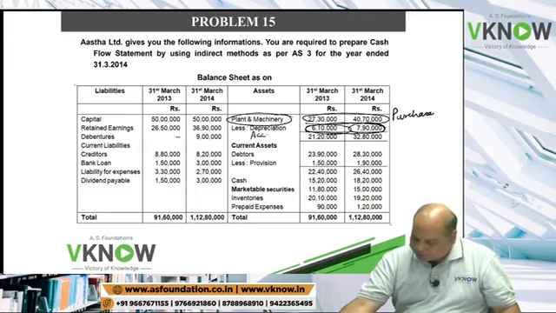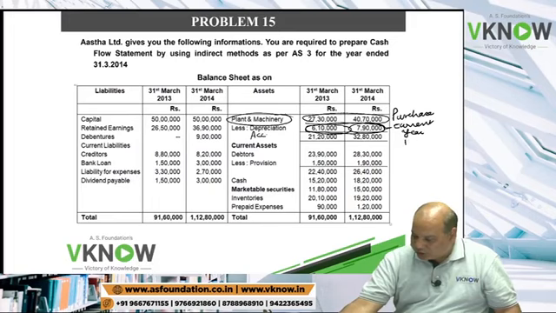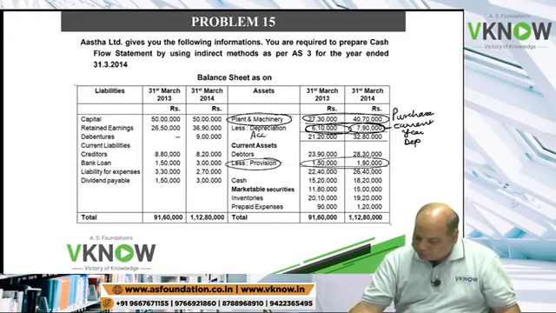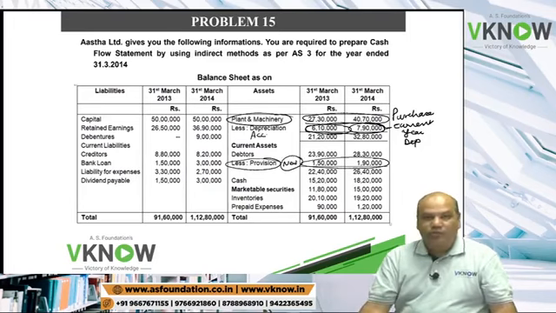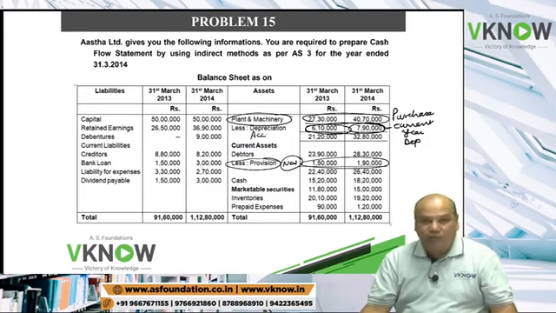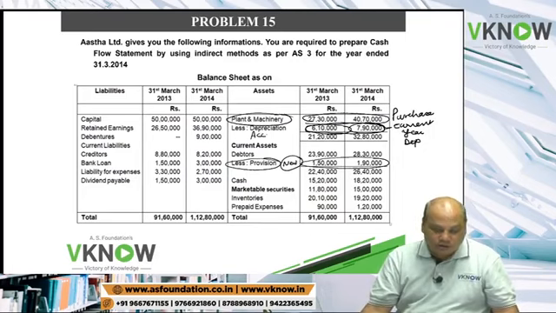The difference in accumulated depreciation will indicate the current year depreciation. Current asset, debtor, and one new item has come, provision for bad debt. This is something new. We will discuss it when we come to debtors.